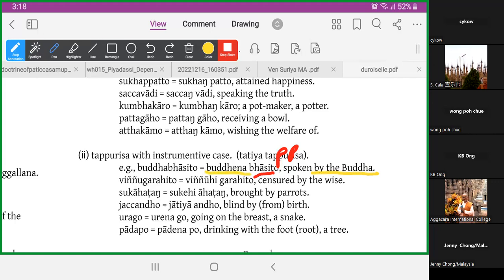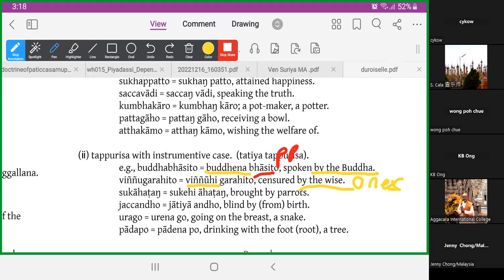So you get Buddhena. Because this is instrumental case, that's why we call it Tatiya Tappurisa. This one also, you have Vinnuhi, by the wise. Wise here will be plural, so by the wise ones, an instrumental plural.